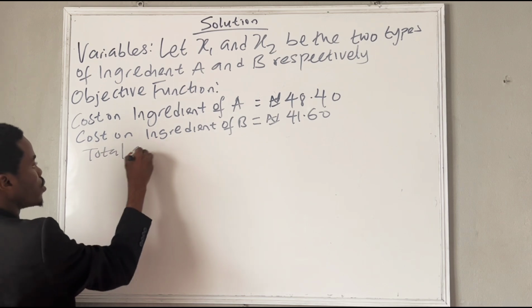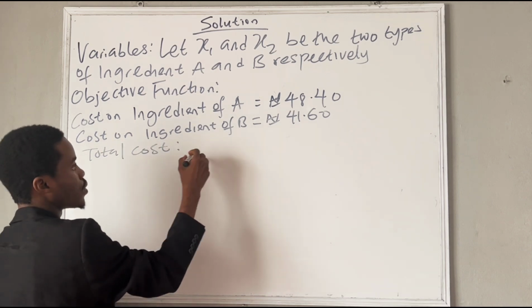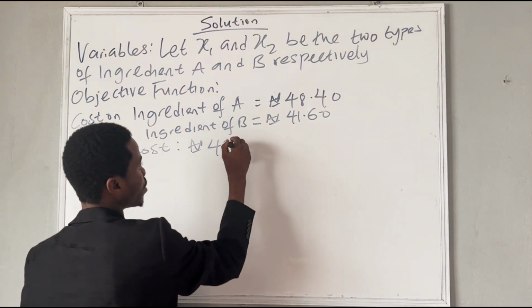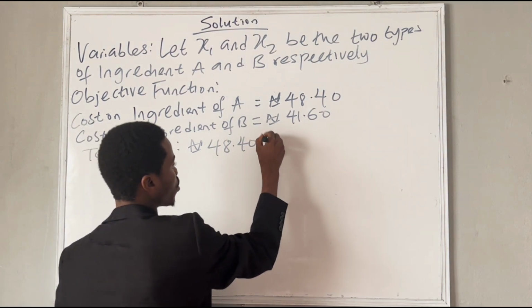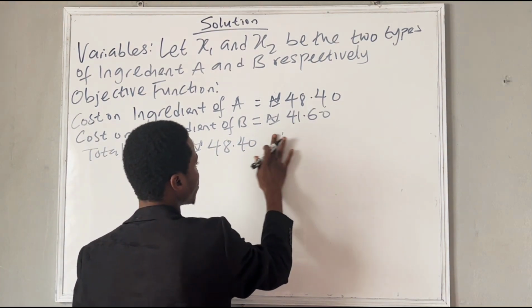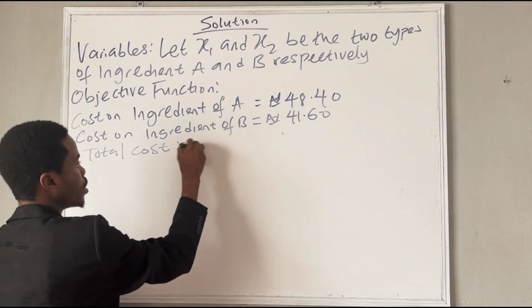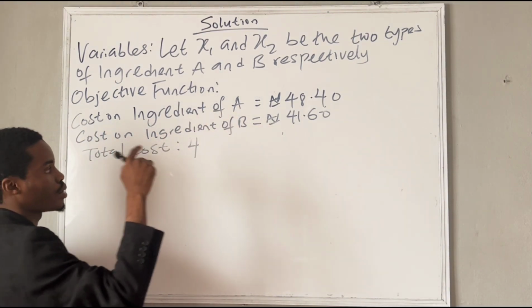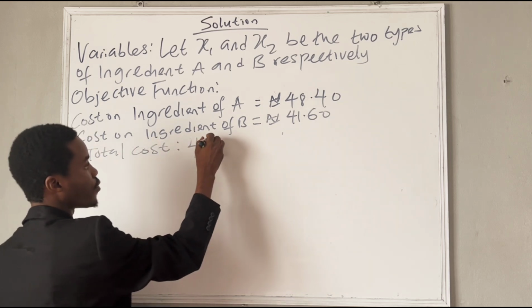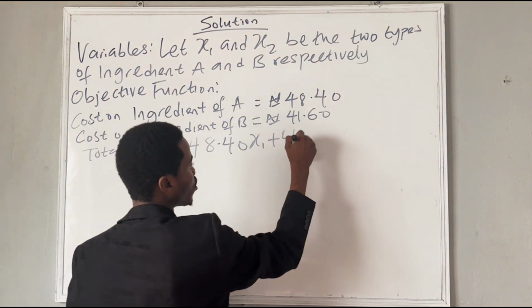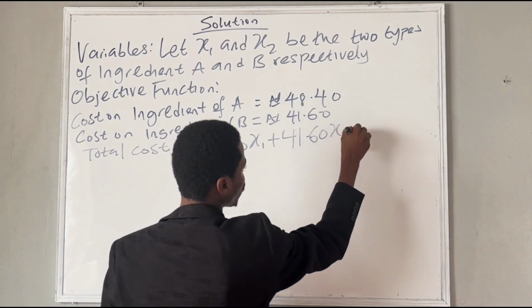The total cost: since ingredient A is x1 and ingredient B is x2, we now have 48.40 x1 plus 41.60 x2.